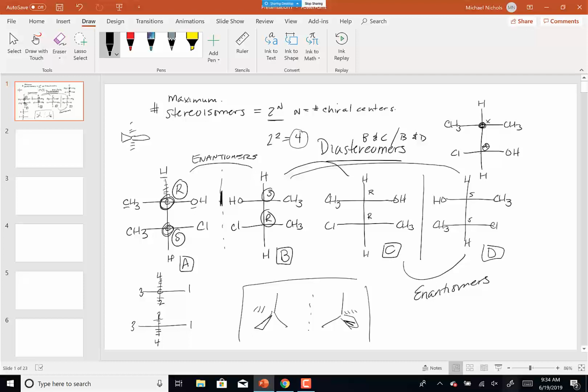So I like the practical definition of, let's compare each chiral carbon, determine whether they're the same or opposite, and then apply those definitions. All opposite, enantiomer. One same, one opposite, diastereomer. You with me?